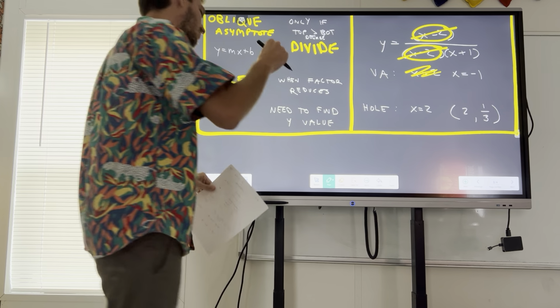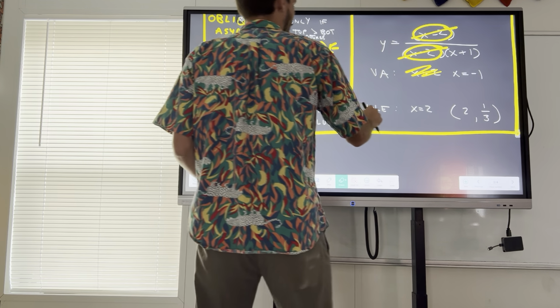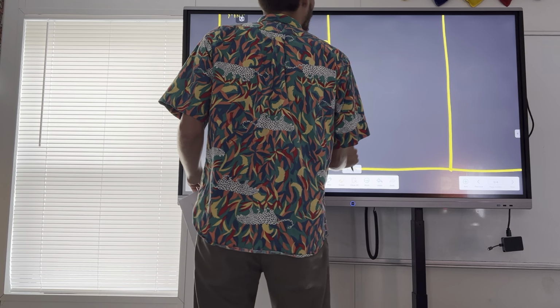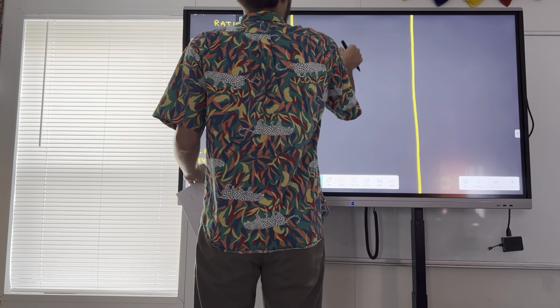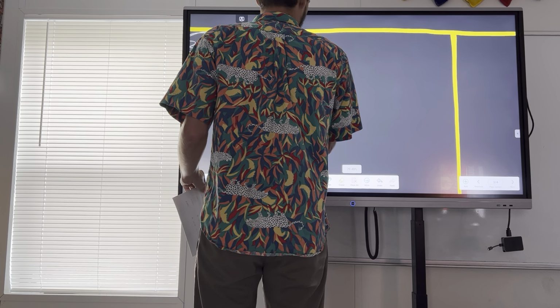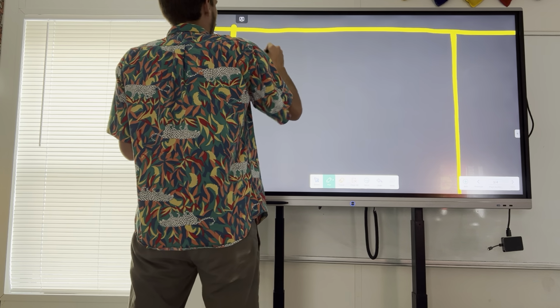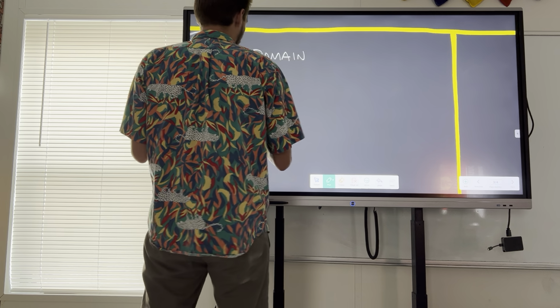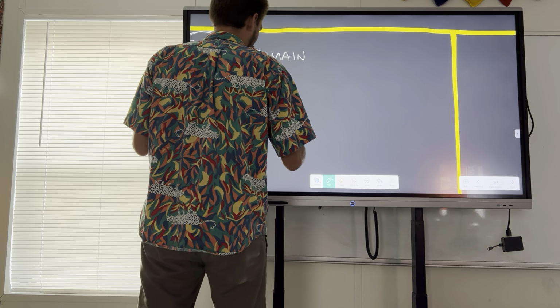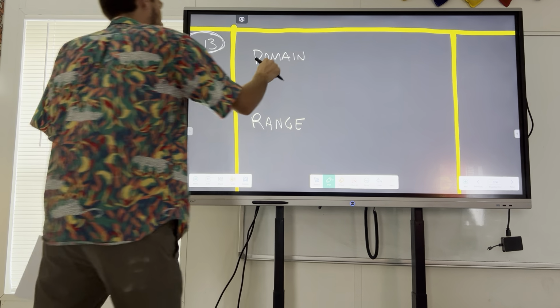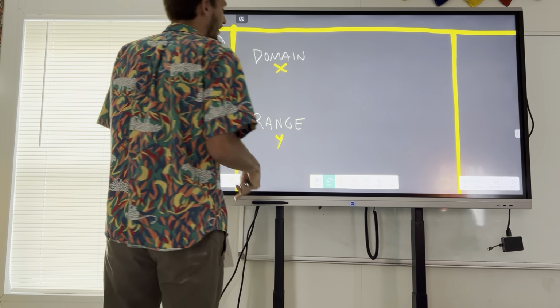Okay, we are almost done talking about rationals. There are 2 more things here. That is domain and range. Now, of course, domain is talking about your x's and range is talking about your y's.